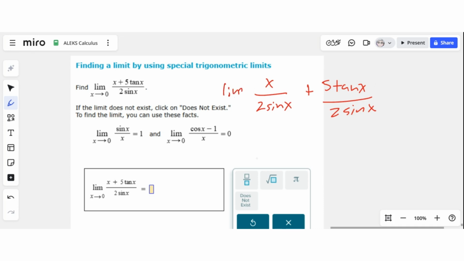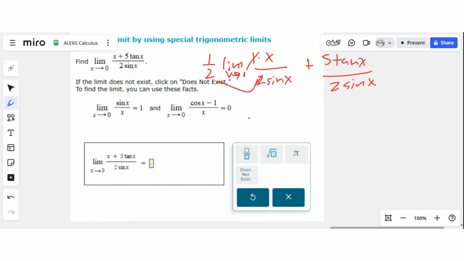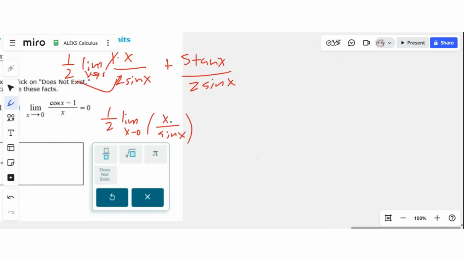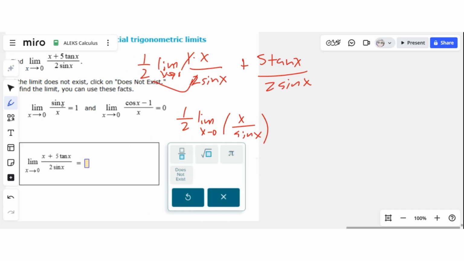So this is the limit as x approaches 0. And I can pull out this one, I mean, you can think of there being a 1 up here. I'm pulling out the 1/2, so that goes away. And now I've got 1/2 times the limit, and I'm just working on this first chunk now, as x approaches 0 of x over sine x. And you might say, what good is that? We want sine x over x. Well, x over sine x is the reciprocal of that.